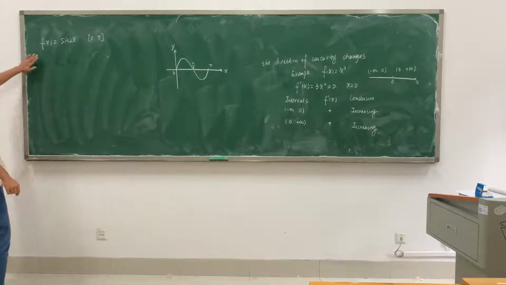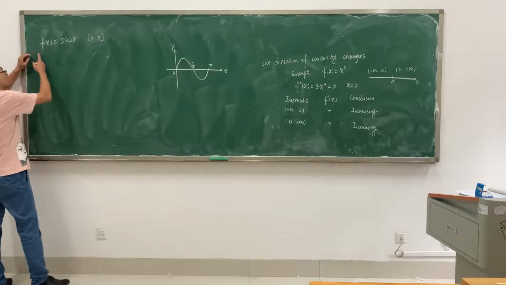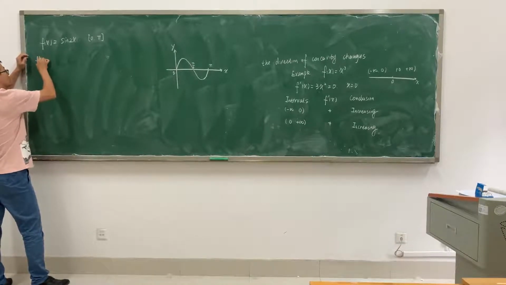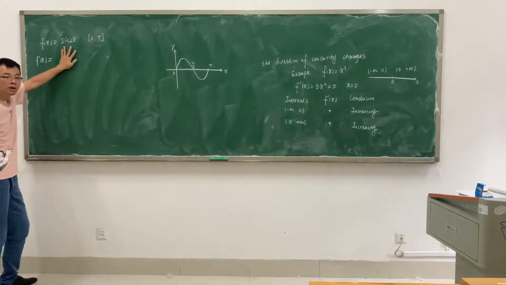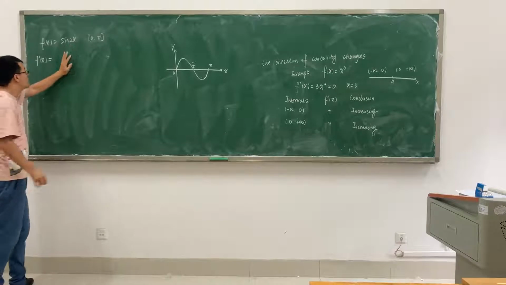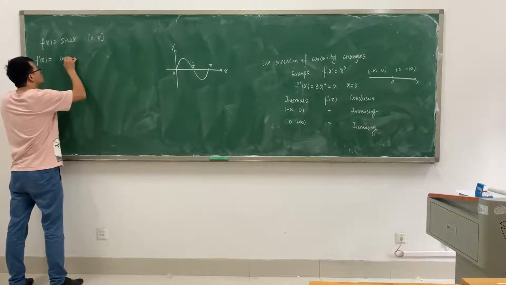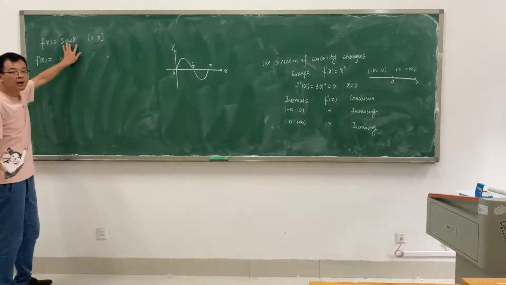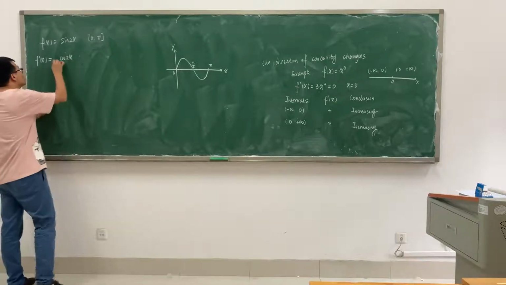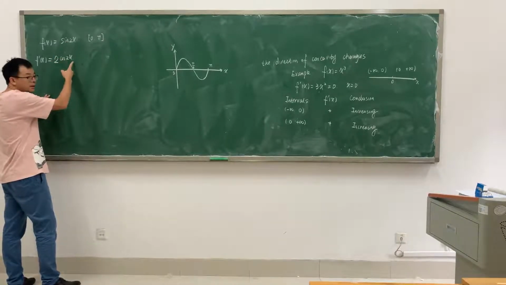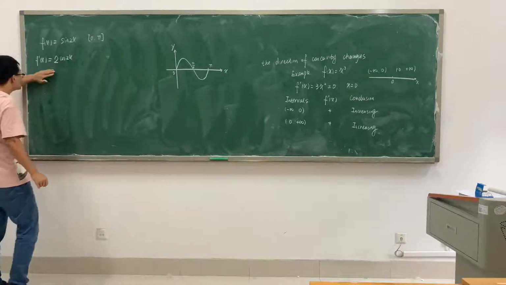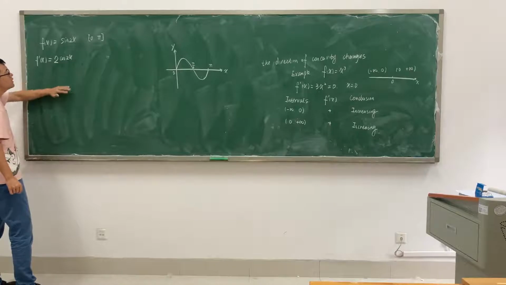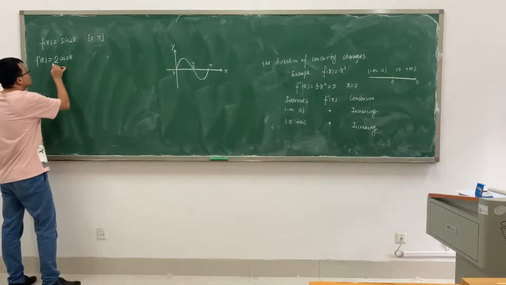Now we need to find the first order derivative. f prime equals what? The derivative of sine is cosine, so here is cosine 2x, and by the chain rule the prime is 2 cosine 2x.